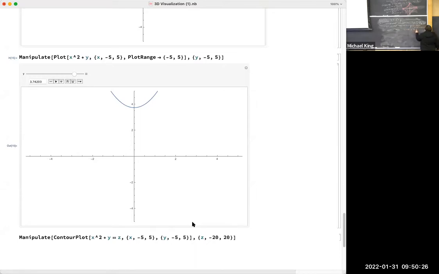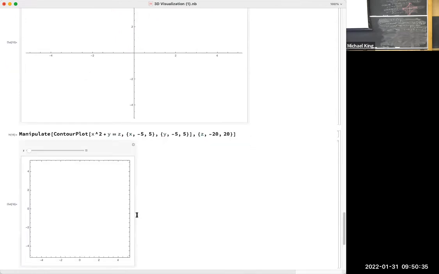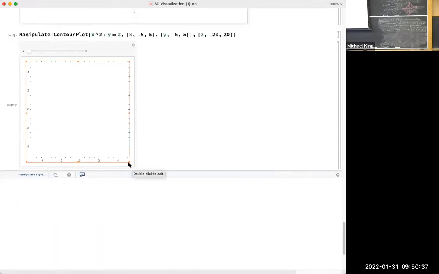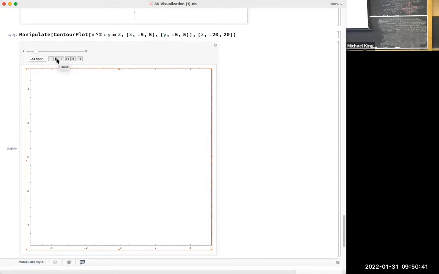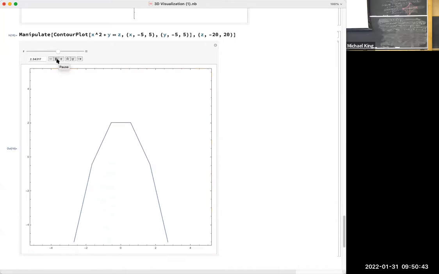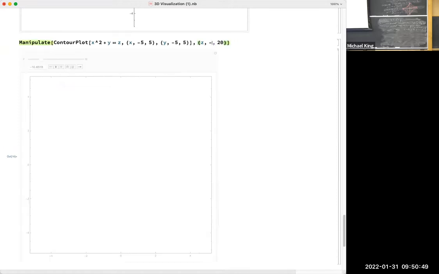So y is c minus x squared. So when we do the contours, let's see if this works. Where did they go? Oh my God. Yeah, -20 to 20 was not necessary.